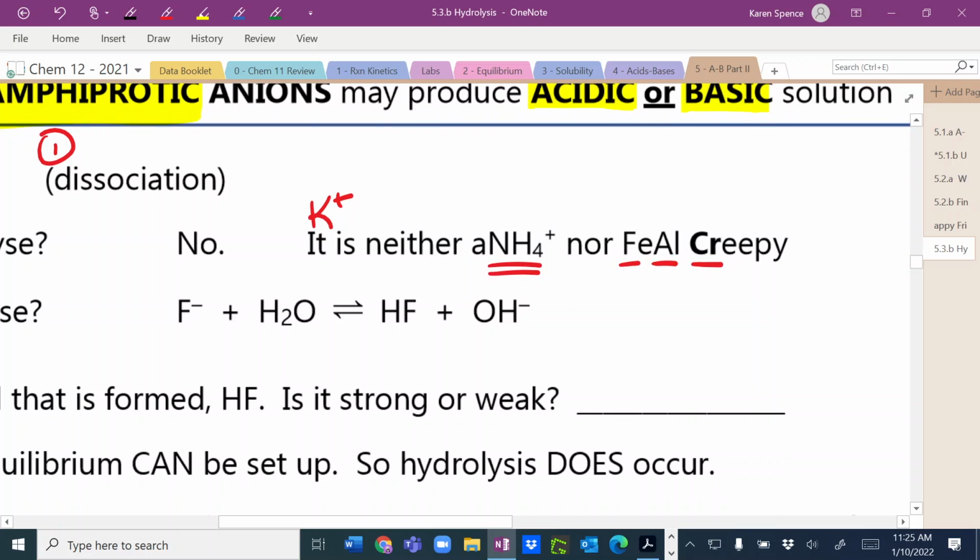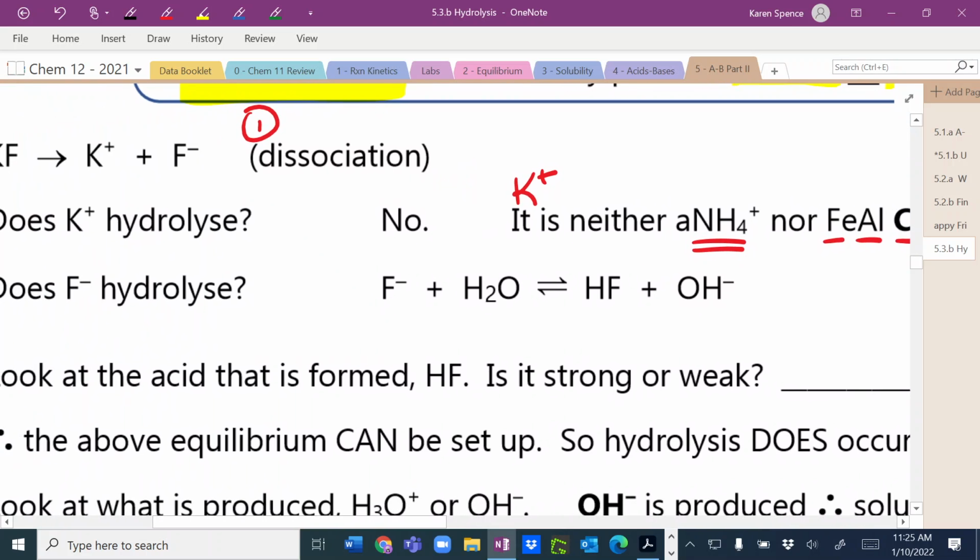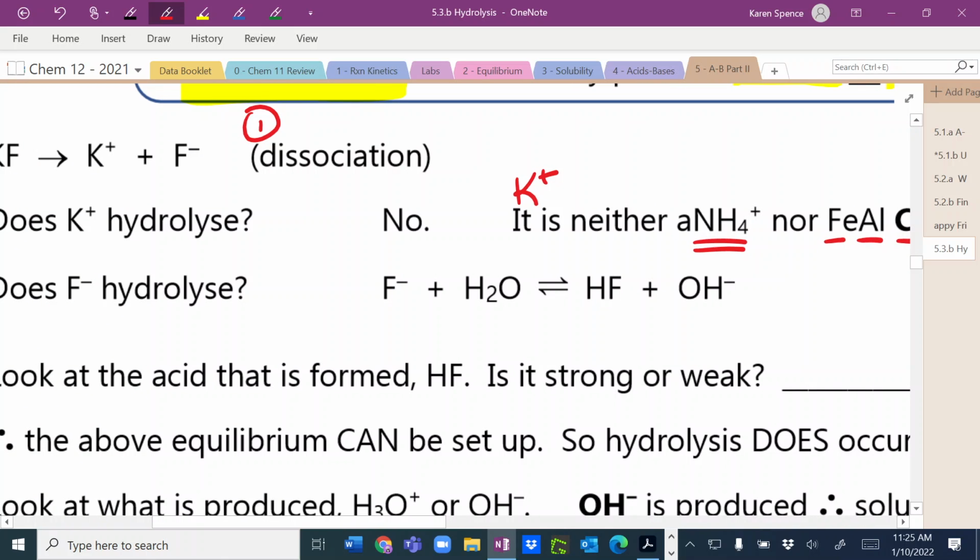On the other hand, we have to look at fluoride and ask, does it hydrolyze? Well, if we put it with water, it can't give a proton, it has to accept a proton. It has no proton to give. And it would become HF.